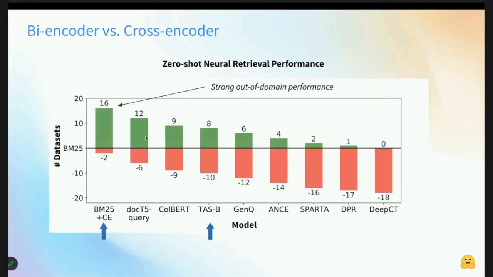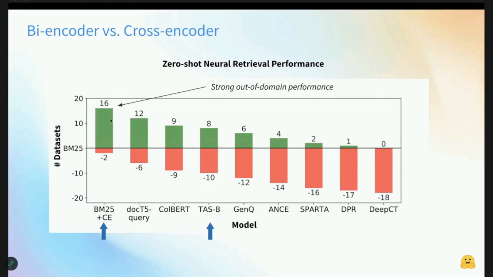And so another way to look at these results, this is again the same study, is so we have on the x-axis here a bunch of different retrieval methods. So we see that we have our dense method here, and we have BM25 plus a cross encoder, our retrieve and re-rank here. And then on the y-axis, this is the number of data sets that did better or worse than BM25.